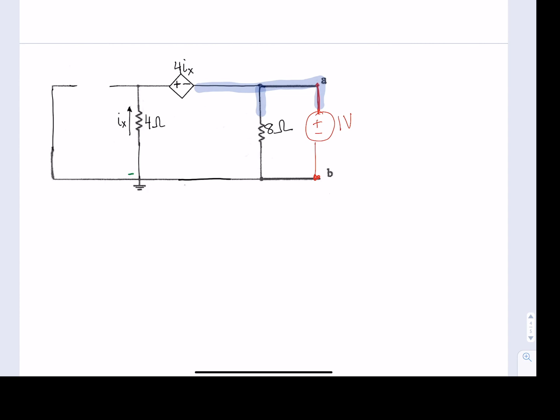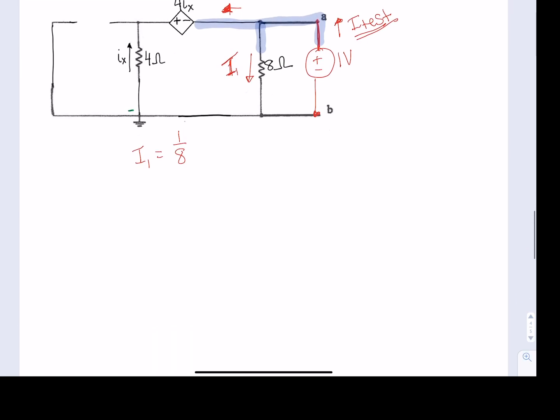That means that it is the same across this 8 ohm, and my current, if I call that I1 in that 8 ohm, is going to be 1 over 8. So that gives me an easy number for the current, and I can then also do the same here. I can get an equation for that, and then this is going to be my I test, which is my unknown value. So I need to solve for that I test. That is what I need to solve for.